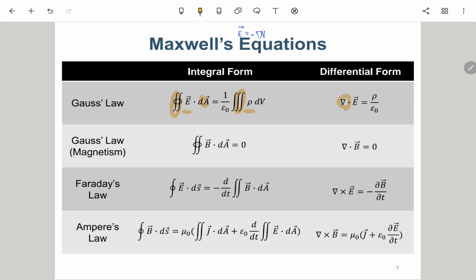We only have this remaining. And then of course this 1 over epsilon is another constant. This is how to transform the integral form to the differential form for the first one.